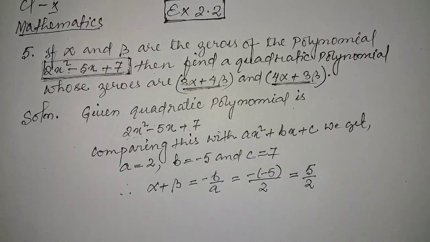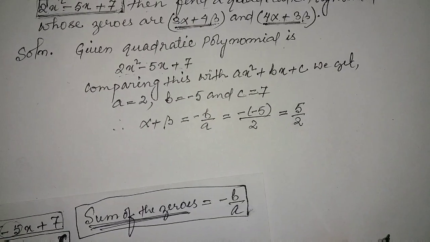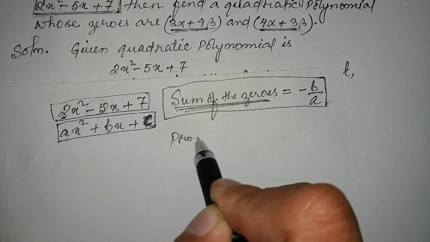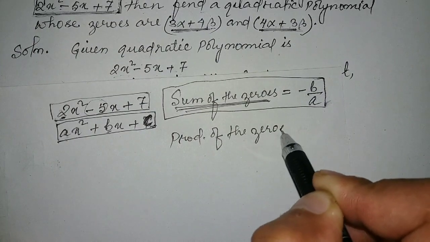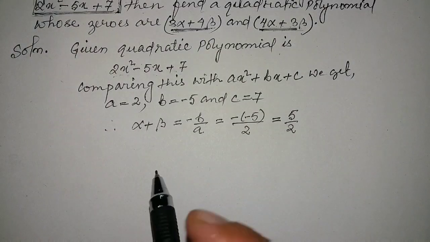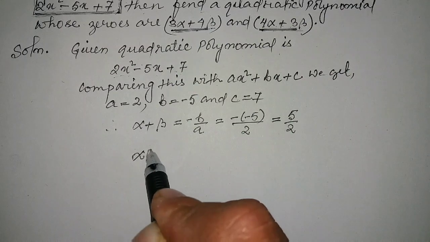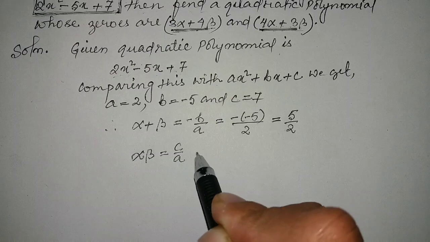Now also we know that product of the zeros is equal to c by a. Since our two zeros are given as alpha and beta, the product of the zeros is going to be alpha into beta, and it is c by a.